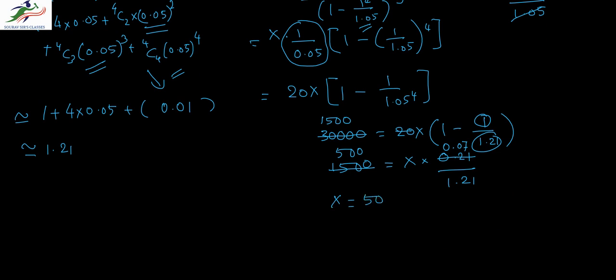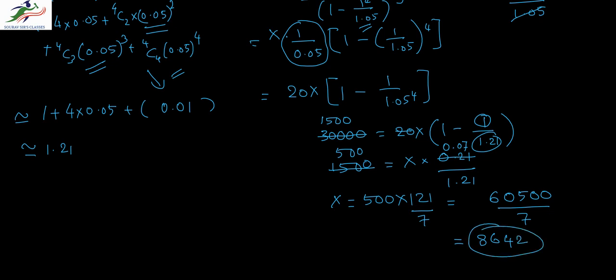500 into 121 by 7, which is equal to 50600 by 7, which is equal to 8642.